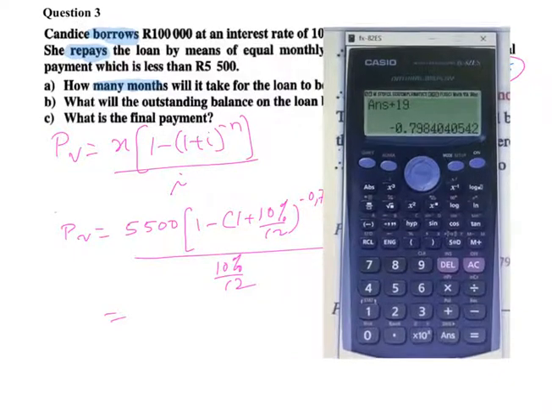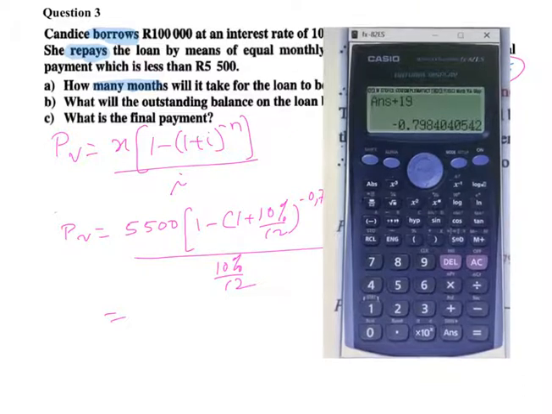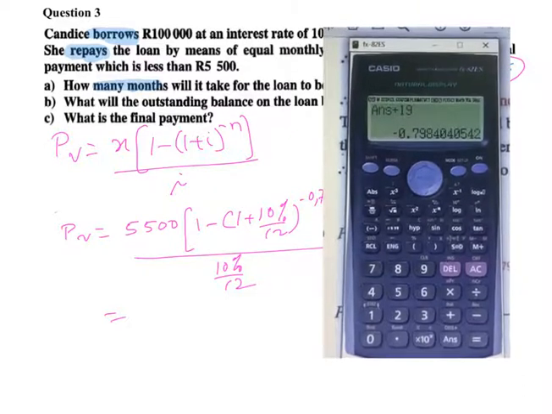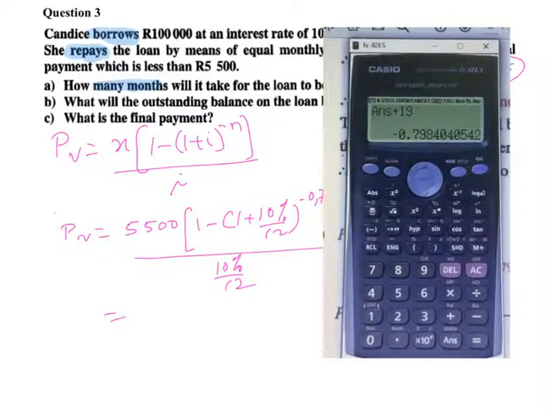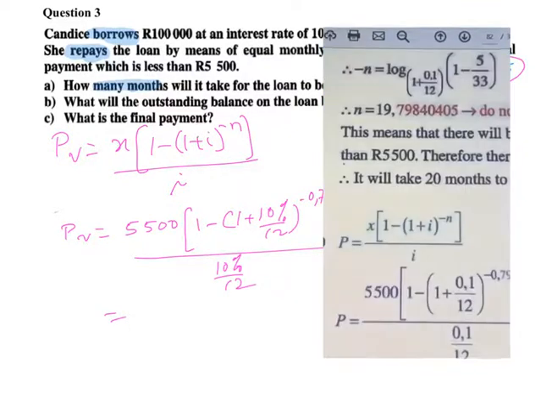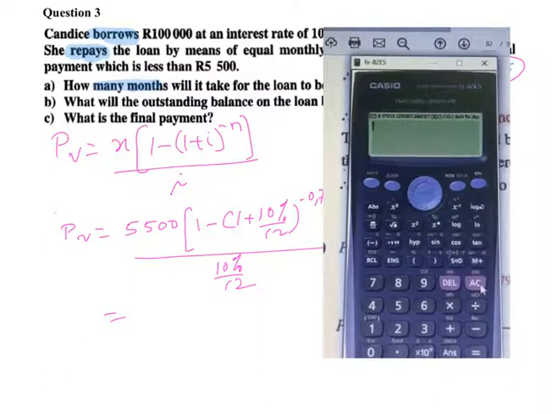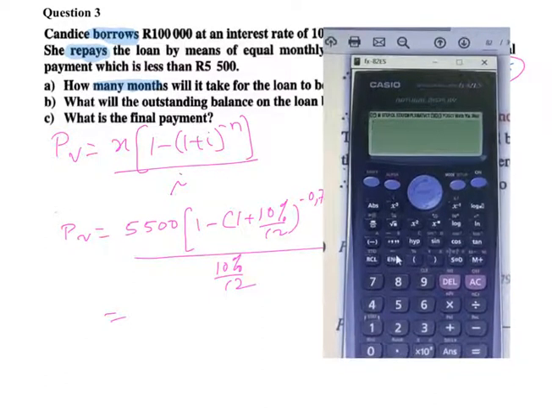What I did here is that from the previous answer, I added 19 plus 9, so this will give me a negative 0.798. Now I have to calculate the present value, right?